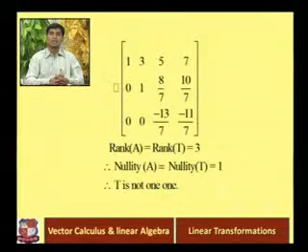Here the standard matrix is 3 cross 4, so definitely our transformation is from R4 to R3. The domain is R4, so n is equal to 4, the rank is 3, so nullity is 1. So again T is not 1-1, because if T is 1-1, nullity should be 0. Here nullity is 1, so T is not 1-1.